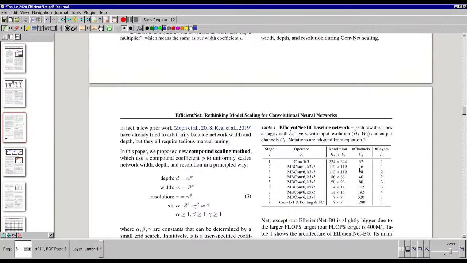How many repeated? Yeah, what is stage 1? Okay, then get times.